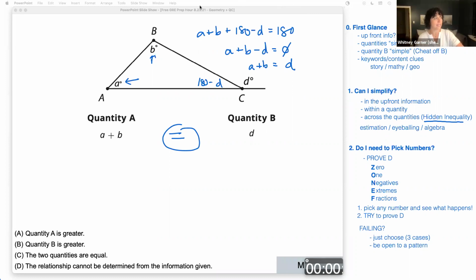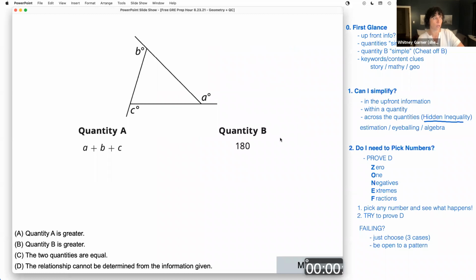All right, let's take a look at the following. I want you to notice again the similar relationship to the last question. This time, we still have upfront information, but we do have a simple cheat off of B situation.